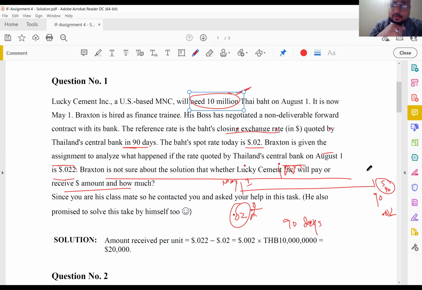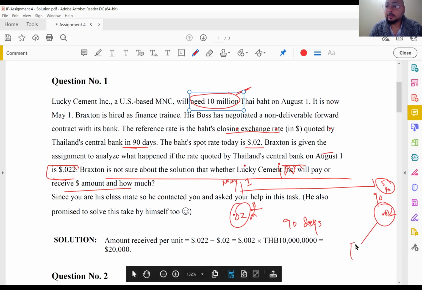Normally these types of questions are like that. The bank's forward rate and the bank's prediction are quite right. Just remember this one, in which the bank's predictions are quite right. So it means this is the forward rate as well.